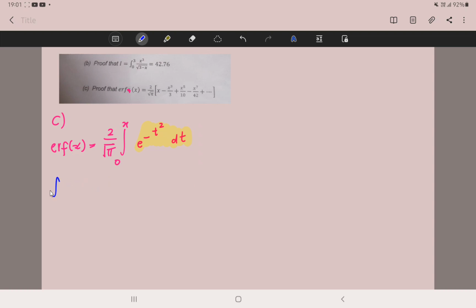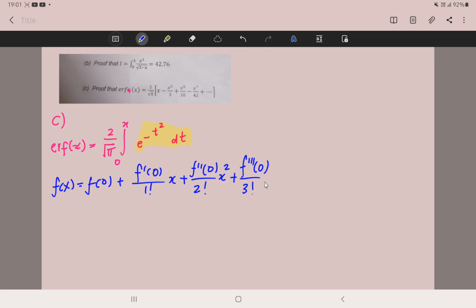When you have a function f of x, the Taylor series at x equals 0 is f of 0 plus the derivative with respect to x at 0 divided by 1 factorial times x, plus the second derivative at 0 divided by 2 factorial times x squared, plus the third derivative at x equals 0 divided by 3 factorial times x cubed, plus dot dot dot.